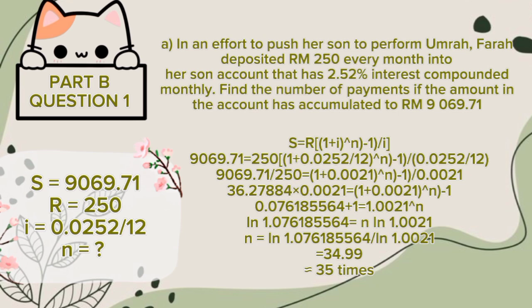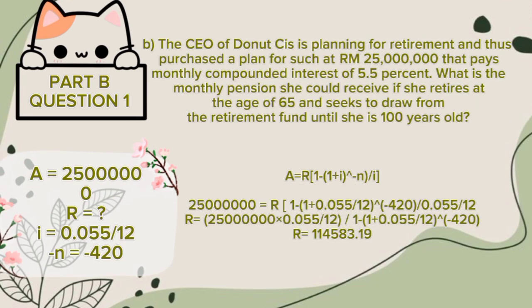To start off, 9,069.71 equals 250 times open bracket 1 plus 0.0252 over 12 close bracket to the power of n minus 1, divided by 0.0252 over 12. And then it will go step by step, and the final answer will be 34.99, which is 35 times.